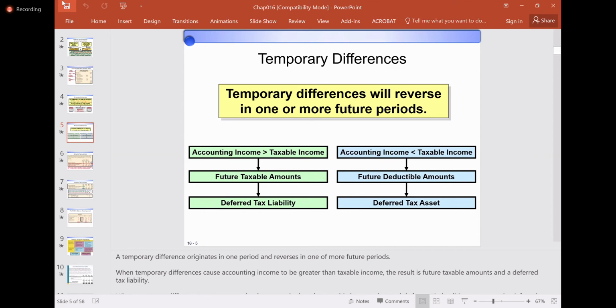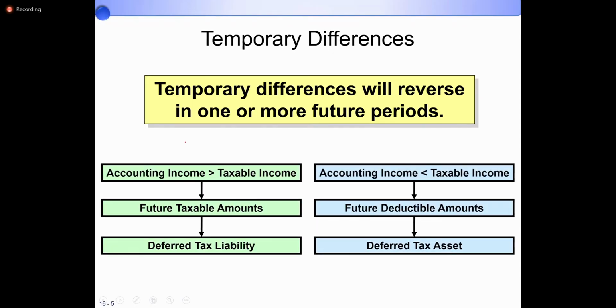So we talked about temporary differences in two situations. One is where accounting income is greater than taxable income. Let's say accounting income is 100, taxable income is only 80.